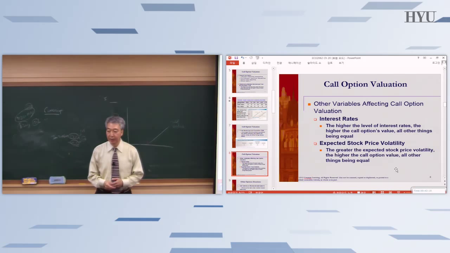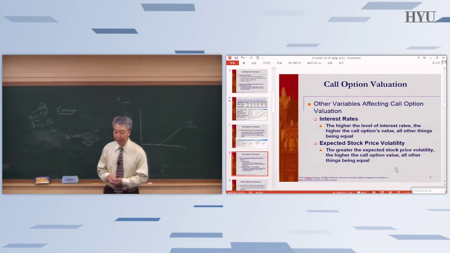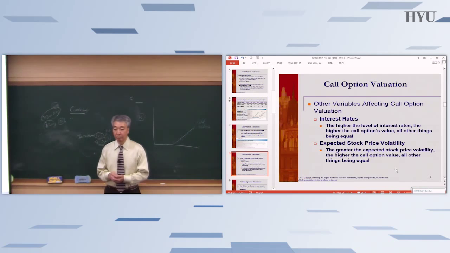Because, as I said, purchasing an option is the same thing as purchasing the stock at deferred payment. If you purchase the GE call option today, right? Then basically you have GE stock because you can exercise this option, right?